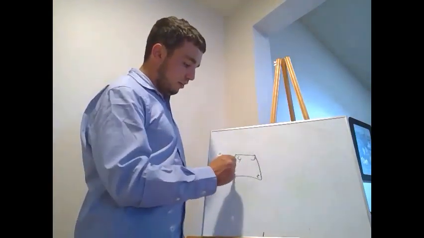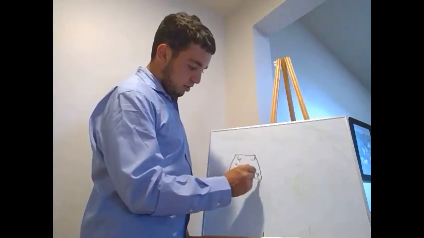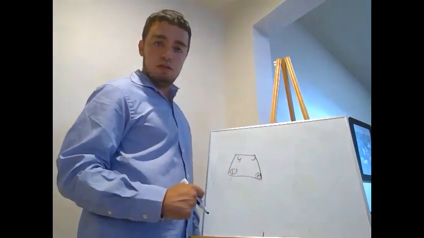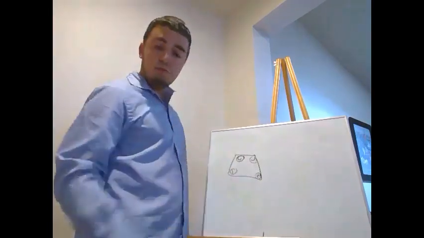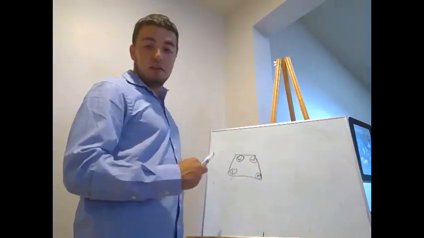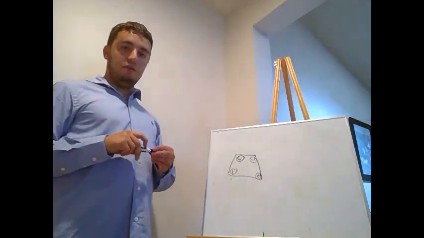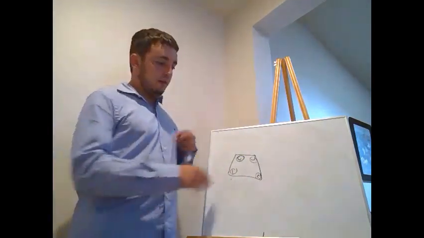So if we have 1 being acute and 2 being acute, well, 3 and 4 then have to be obtuse for it to be supplementary. So we cannot have 3 acute angles in a trapezoid.